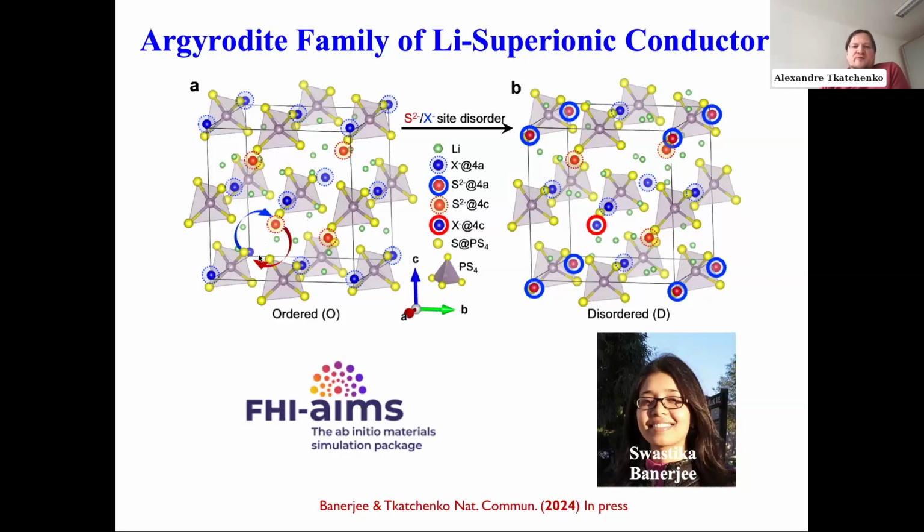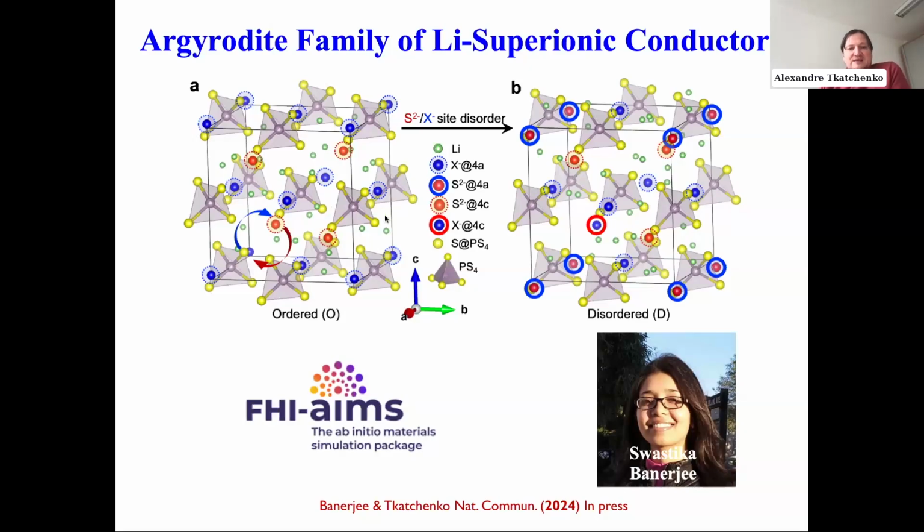These materials often alternate between ordered structures and disordered structures, so there can be disorder between the halogens and the sulfur atoms, and this again just makes the chemical space even more complicated. And so we would like to understand this chemical space, and in particular, we would like to understand what level of theory is required to actually accurately model the stability and mobility of these materials.